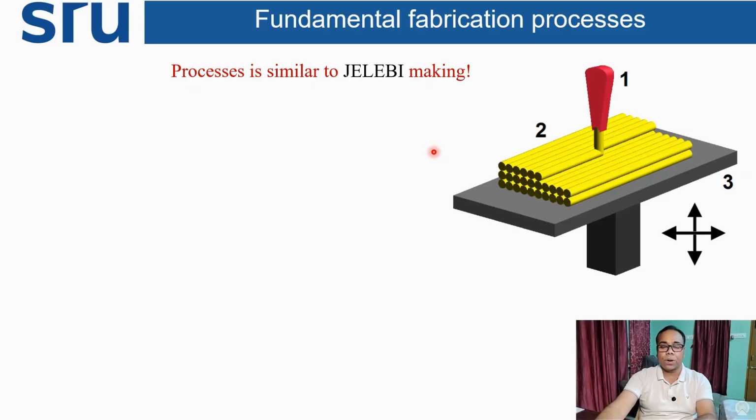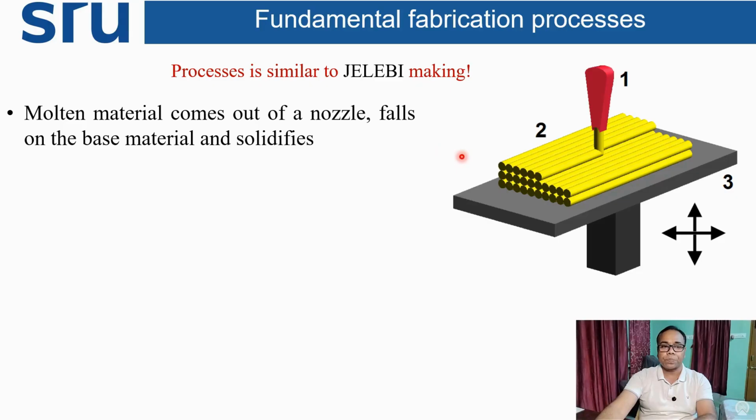In that, what is happening there? So first, filament material will come out from the nozzle, that is called the print head. In that print head, there is a heating element, and using that heating element the filament will first be melted and it will come out through the nozzle.